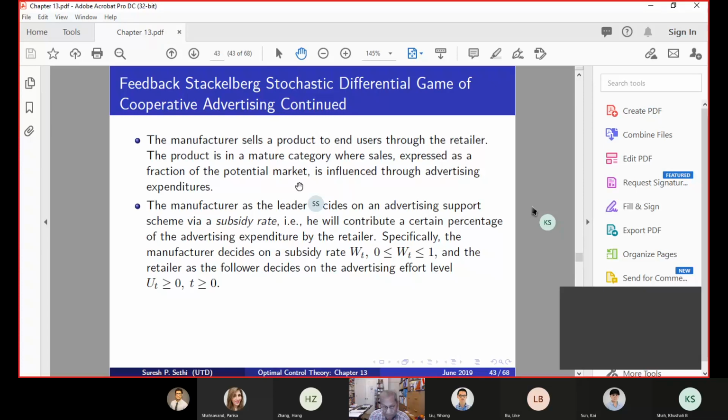The amount of money that goes into cooperative advertising could be $30-40 billion as of now. So it is a huge amount of money that is being given in cooperative advertising by manufacturers to retailers.